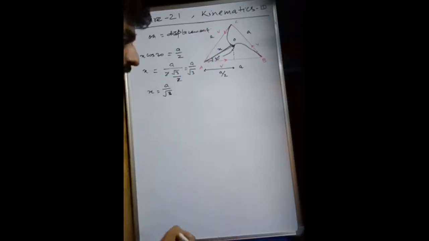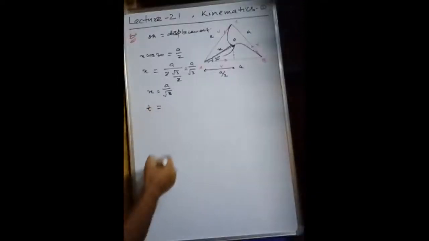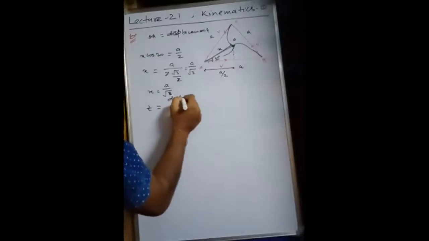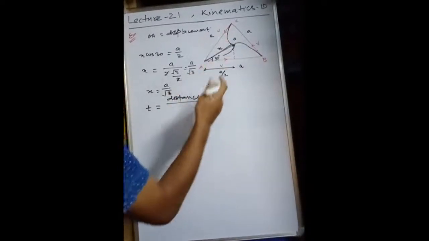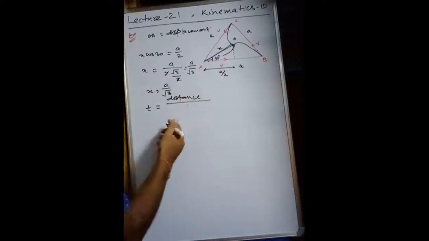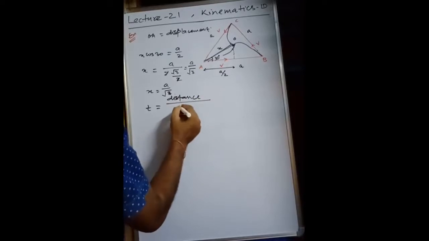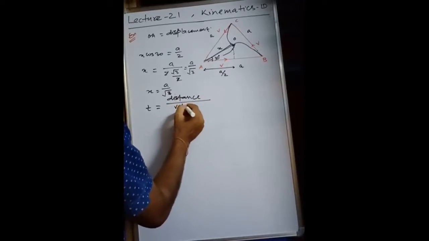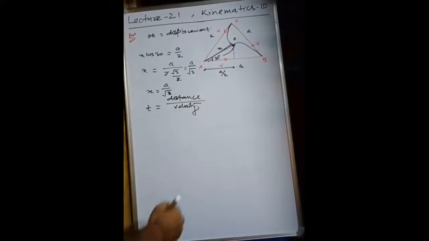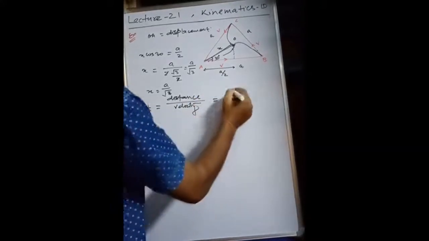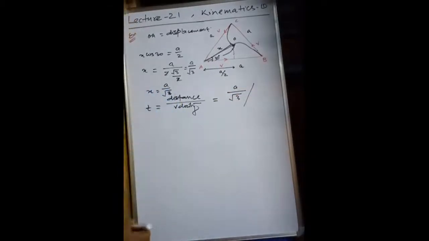Now could you find the velocity? If you have to find the time, time equals distance, or the displacement, since it is on a straight line, so you can write distance or displacement, both are the same, over velocity or the speed. And the distance or the displacement is how much? a by root 3. Now the velocity.